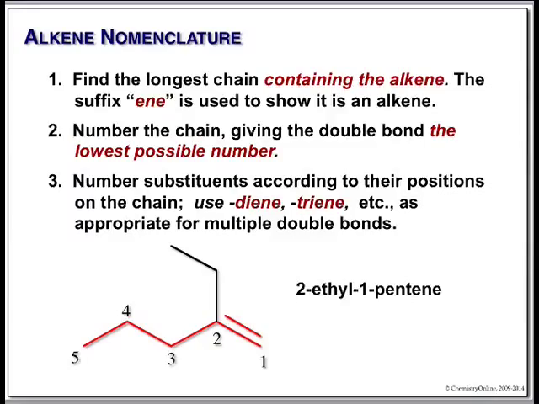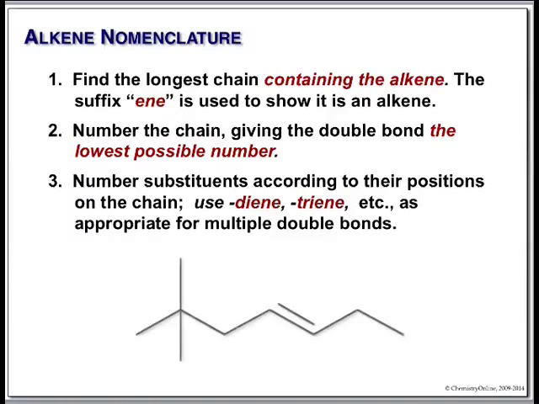So the only thing you have to remember is, make sure your parent chain contains a double bond. Number it so the double bond gets the lowest number. Everyone see this?